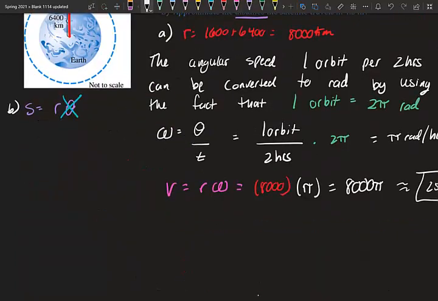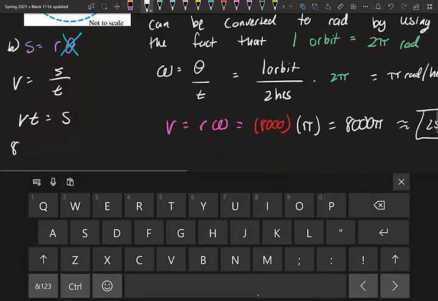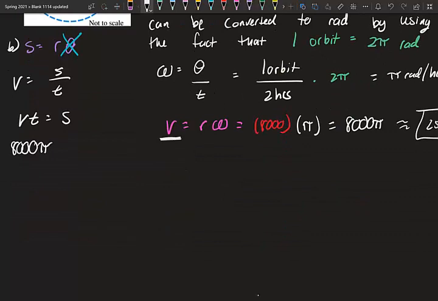We're going to use the formula V equals S over T. We can get S by itself, so we'll have VT equals S. So our V is 8,000 pi. We got it from here. And then our time is 4.5 hours, so we get S is approximately 110,000 kilometers. We round to 110 because two significant digits.